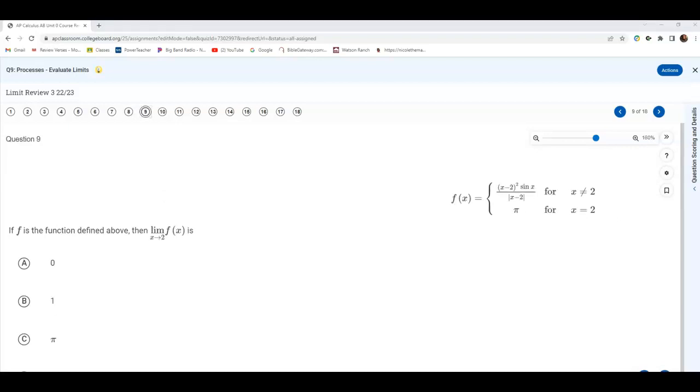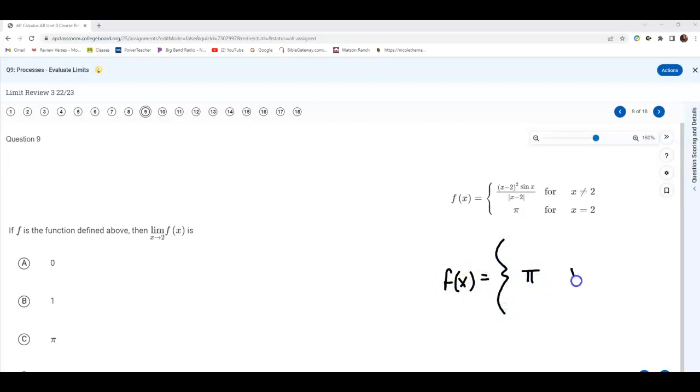All right, so for this one, we're being asked to find the limit of this function as x approaches 2, and this is the function we're working with. Notice it's a piecewise function. When we find limits of piecewise functions that are written like this, where it says x equals 2, it's pi, but for all other x's that aren't equal to 2, we're going to use this. Well, back when we did that, I told you guys to rewrite these. So this is the first thing I want to remind you of.